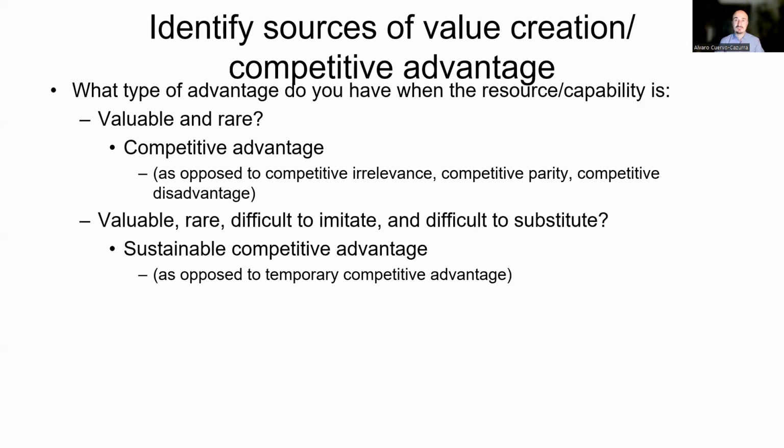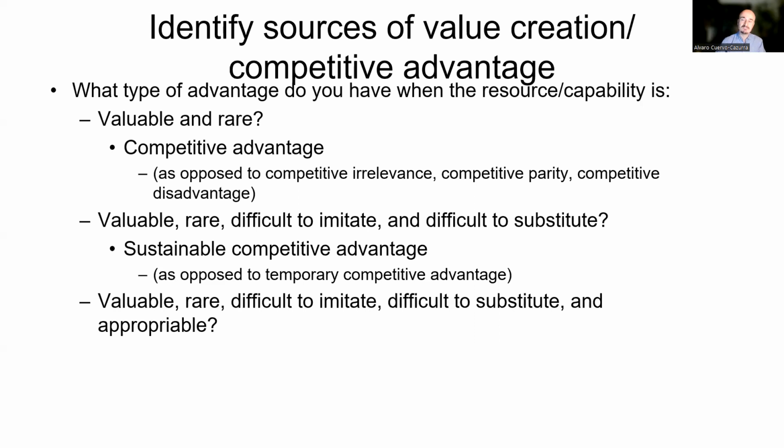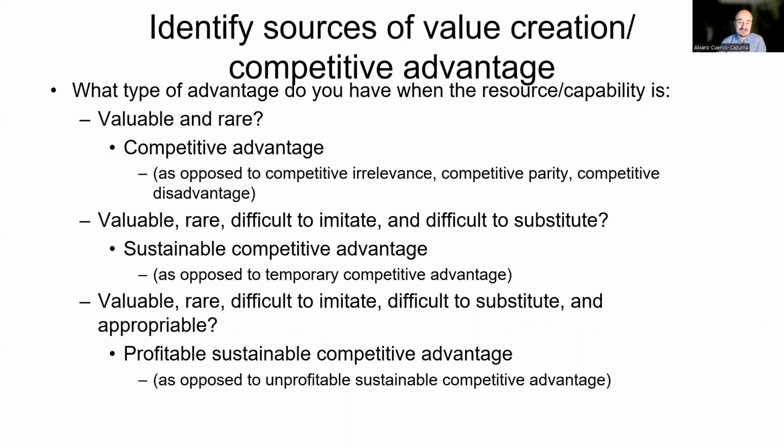So that's great, but profitability doesn't have to be tied only to competition. I should be able to incorporate it and capture it, and this is a story of whether I can appropriate some of this. If a resource is valuable, rare, difficult to substitute, and appropriable, basically I control that profitability. It's something that is going to enable me to capture some of that value that we discussed before.